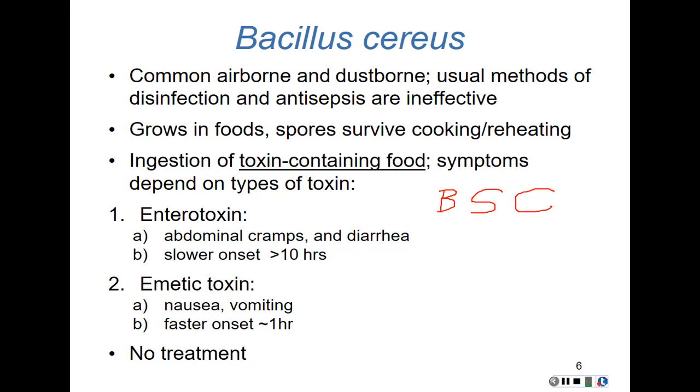What does that mean in terms of the type of disease? Well, it's foodborne, but that's not what I'm getting at. We talked about this in lab. It's really right on the screen.